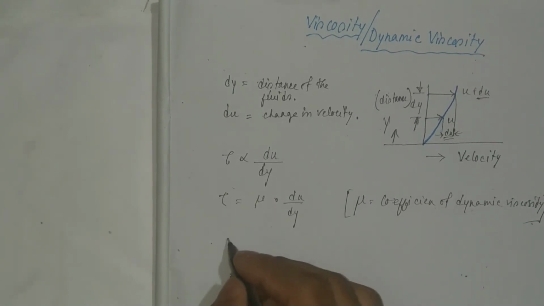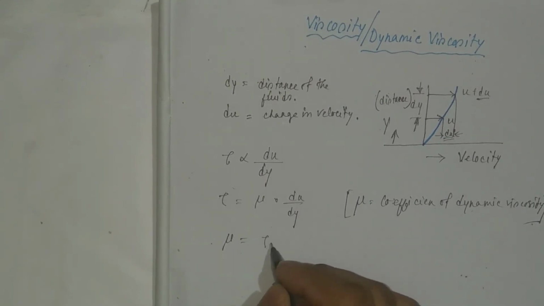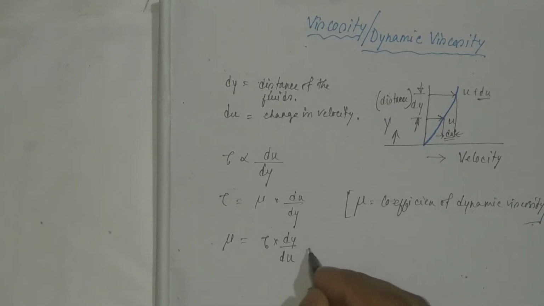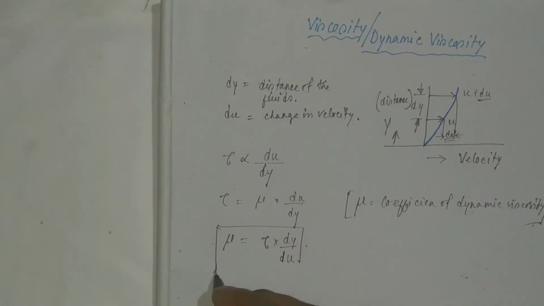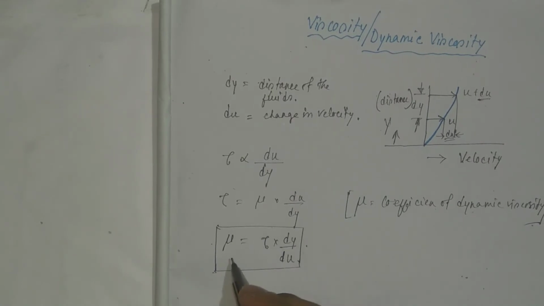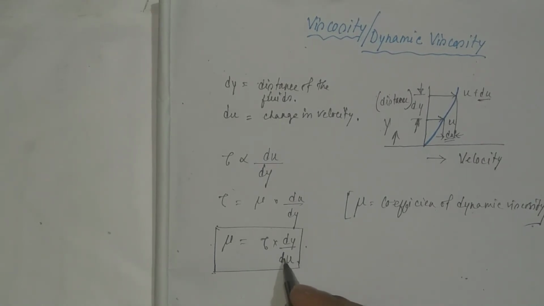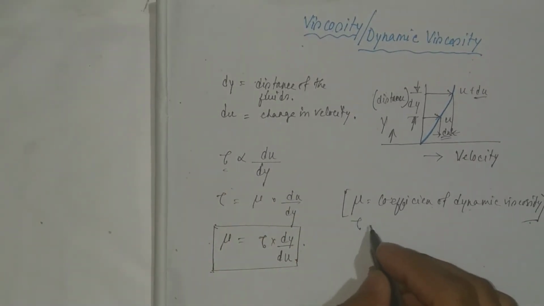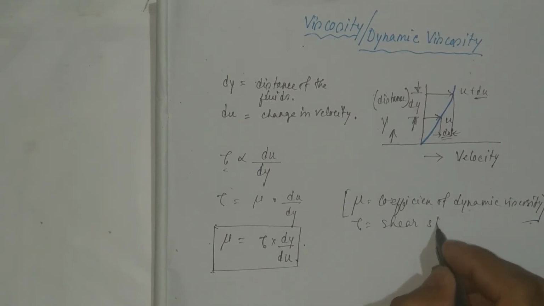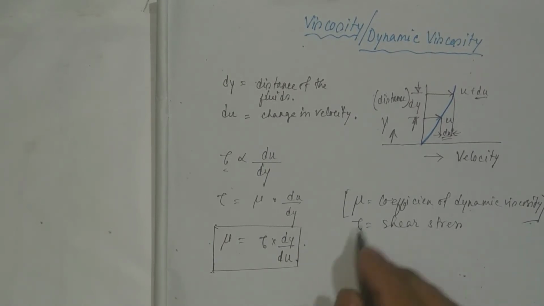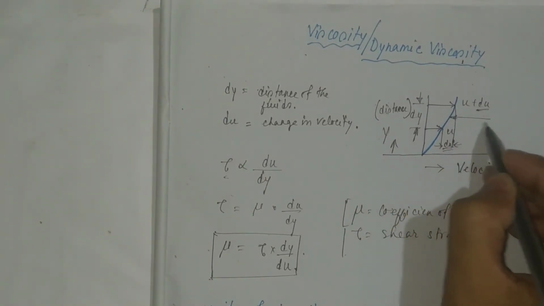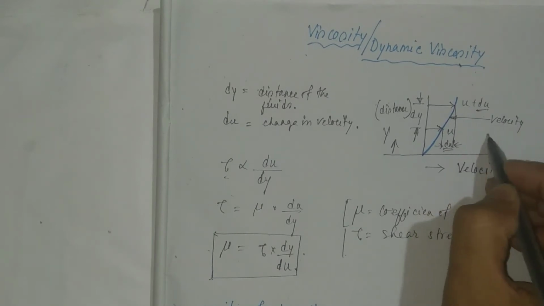So from here we can write mu is equal to tau into dy divided by du. So this is dynamic viscosity or viscosity, and the symbol tau represents the shear stress. And this profile is known as the velocity profile.